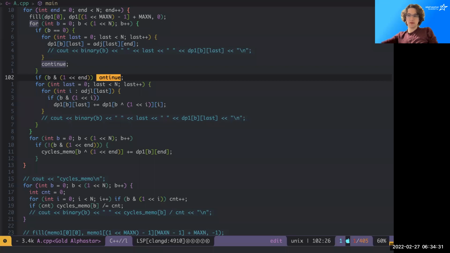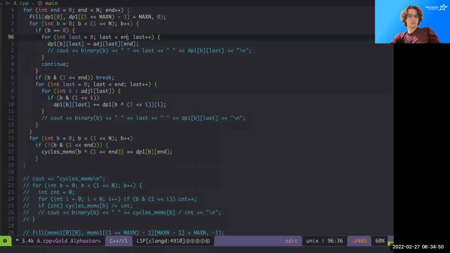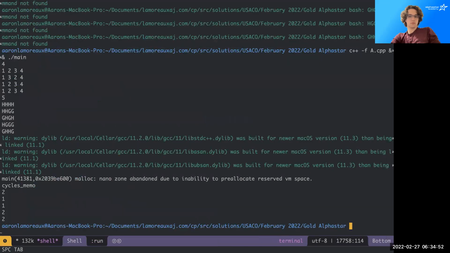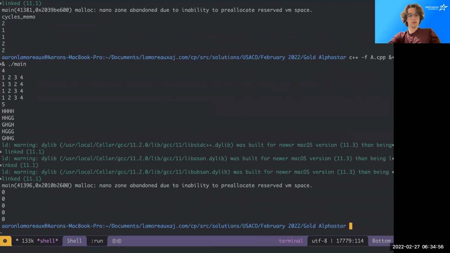Or at least we shouldn't need to roll a divide to avoid the double counting. Like this should not be necessary, which means we need to. I will just loop up to.